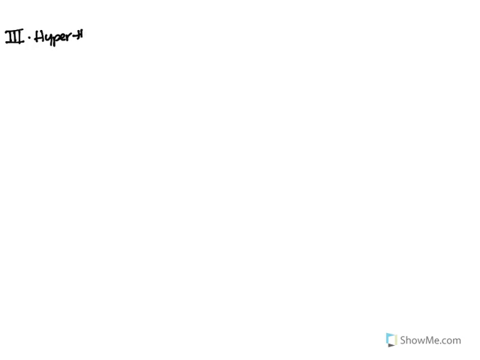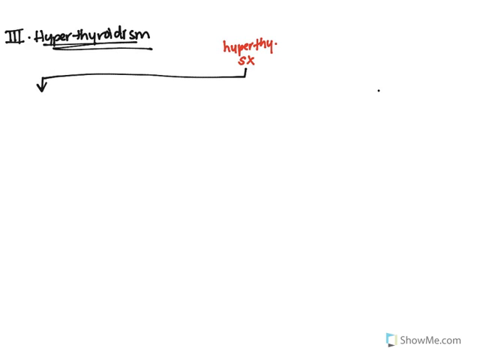To discuss hyperthyroidism, I'm just going to go through an algorithm for diagnostic and workup. So if you have a patient who presents with hyperthyroid symptoms, and remember we already talked about one of these, and that was subacute thyroiditis, the first thing you're going to do is get a TSH and reflex T4.